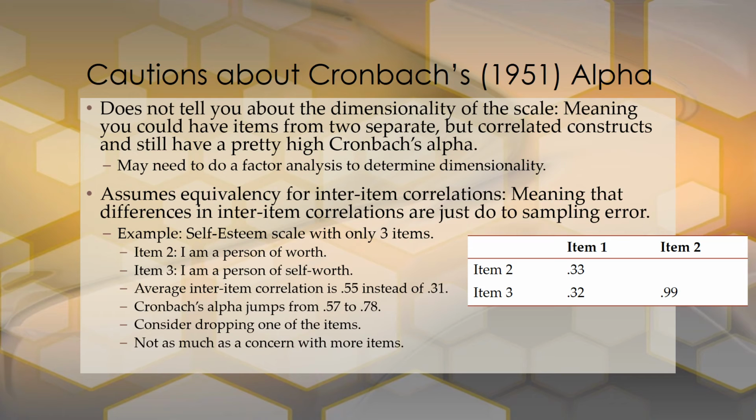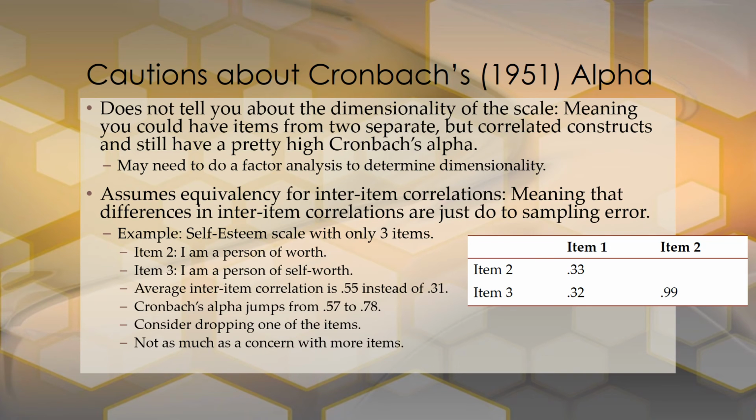Say we have a self-esteem scale with only 3 items, and item 2 and 3 are really related to each other. Maybe item 2 is I am a person of worth, and item 3 is I'm a person of self-worth, so it's almost the same, just the word self. Most people will rate these two items in the same way, and you have a correlation of 0.99.